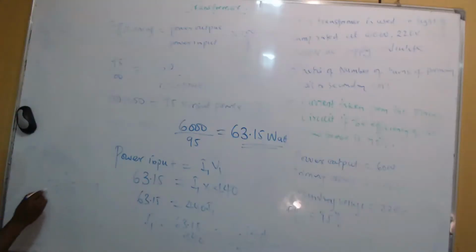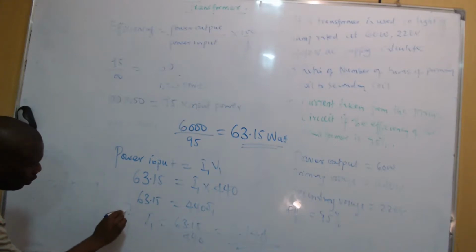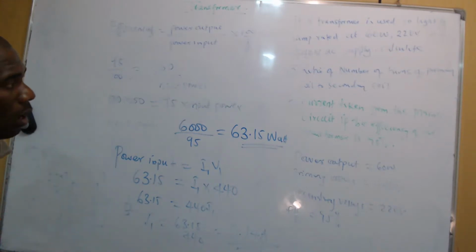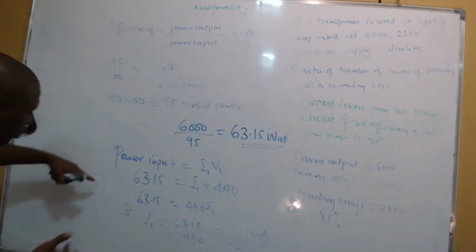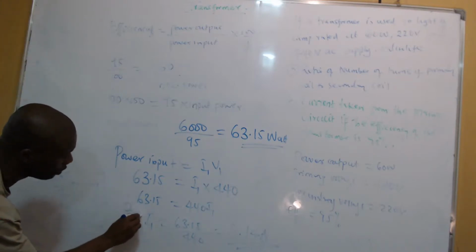This is the primary winding, this is the secondary winding, and this is the load. The current flowing in here is 0.14 ampere.